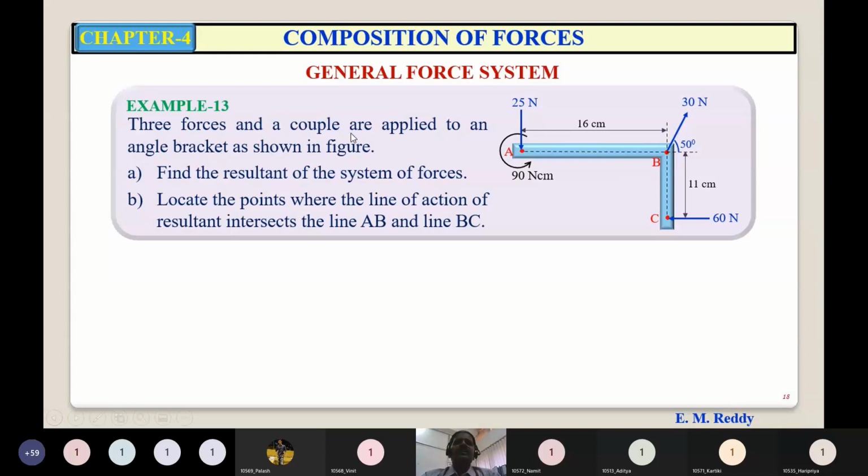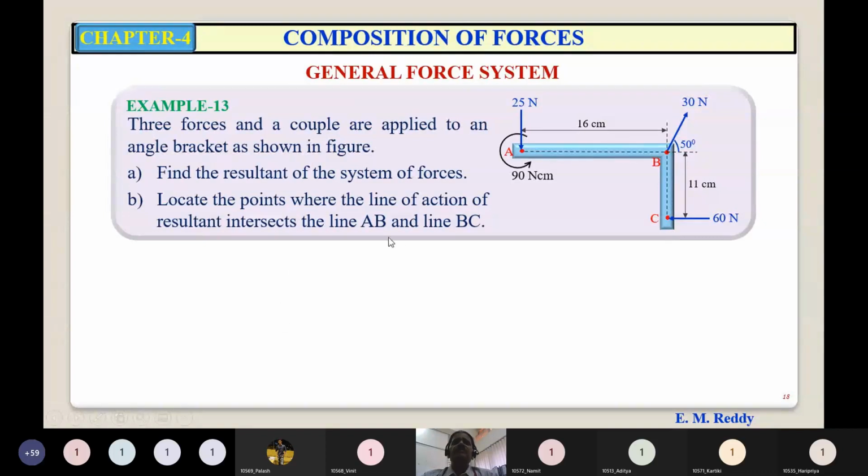Three forces and a couple are applied to an angle bracket. Find the resultant of the system of forces. Then locate the points where the line of action of the resultant intersects the line AB and the line BC.